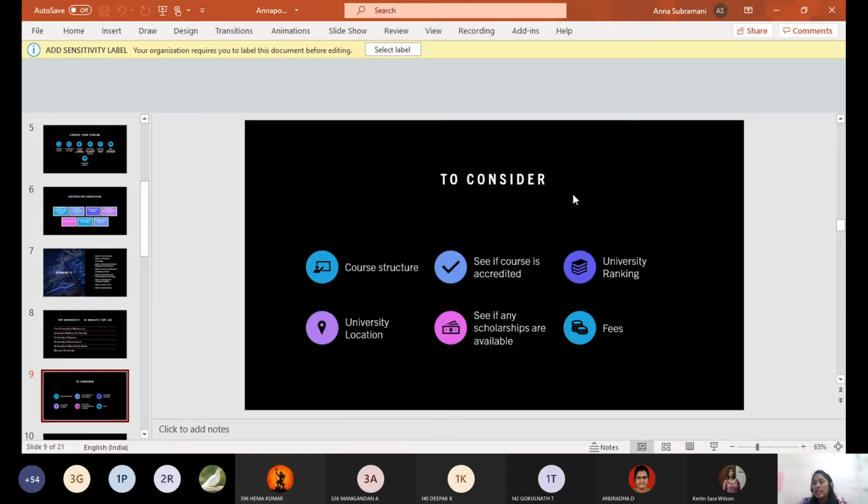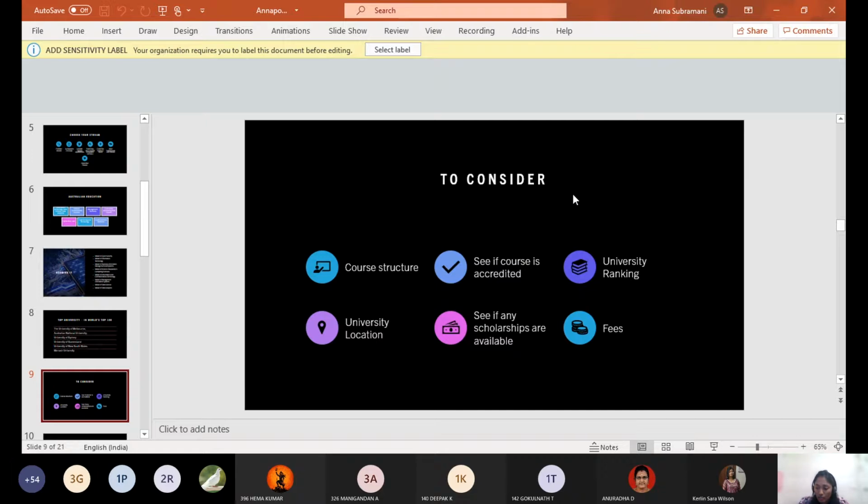What that means is this course has been running for maybe 5 to 10 years, and all the students coming out of the course and the university are of good quality and quantity. They have a standard number of students, and whatever they do after the education is also good. In that case only the university gets an accreditation.